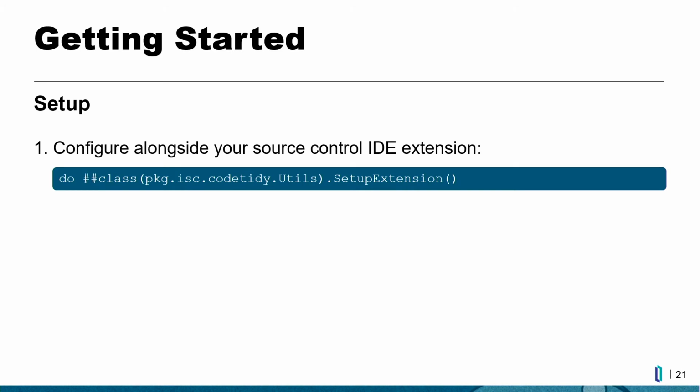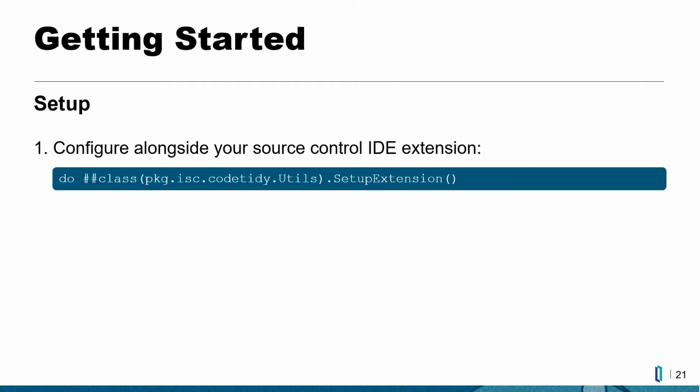So in terms of setup for CodeTidy, and really the point of CodeTidy, as I said at the beginning, is to make your code look prettier, to enforce consistent standards for code formatting for everybody connecting to the environment and sending their code there. You can configure this alongside whatever existing source control extension you're using.